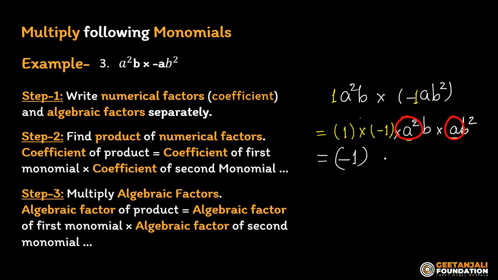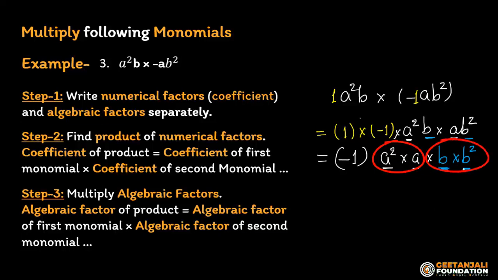So you can write this as a square times a times b times b square. Why have I written like this? Because you can see these two have the same base and these two have the same base. So here we can apply the law of multiplication of exponents.